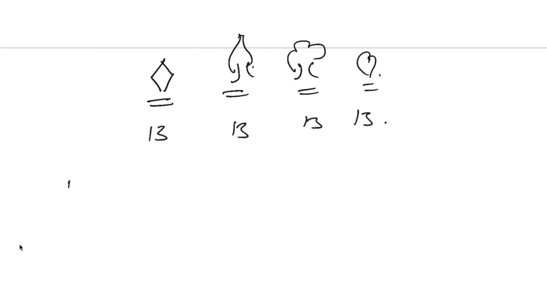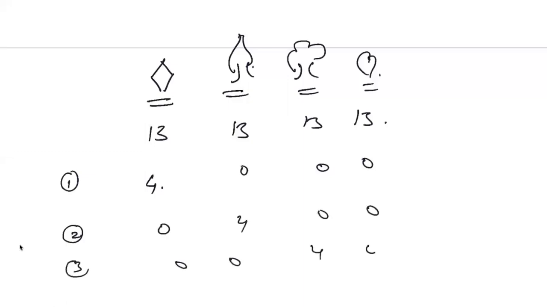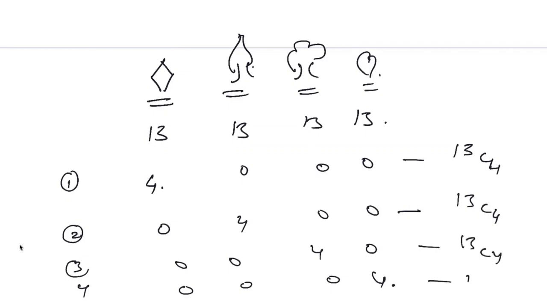So case first, 4 is coming from this and 0, 0, 0 from there; 0, 4, 0, 0; third 0, 0, 4, 0; and fourth 0, 0, 0, 4, right? So for this, I'm getting 13C4, 13C4, 13C4, or 13C4.